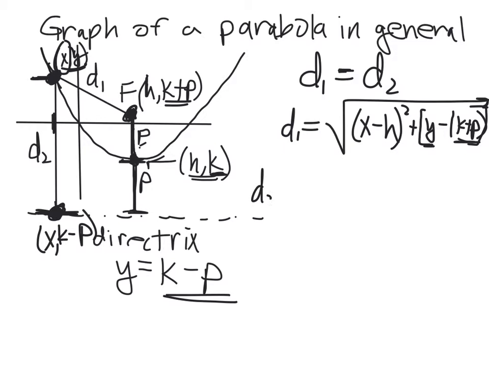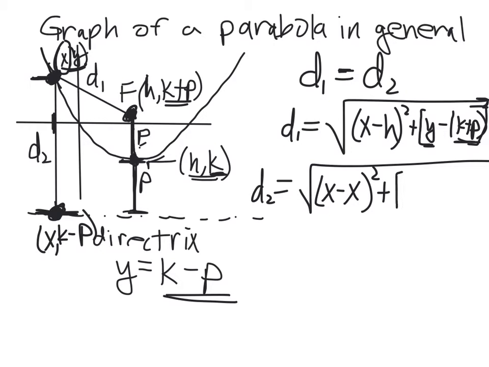So d2, distance 2, is the square root of the difference in x values, well, x minus the same x value would be 0, plus y minus the y value of the directrix, which is k minus p, and then square that.